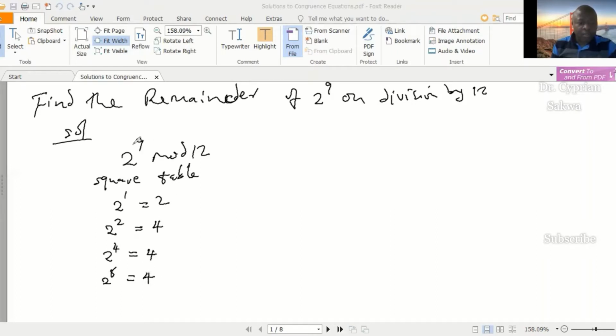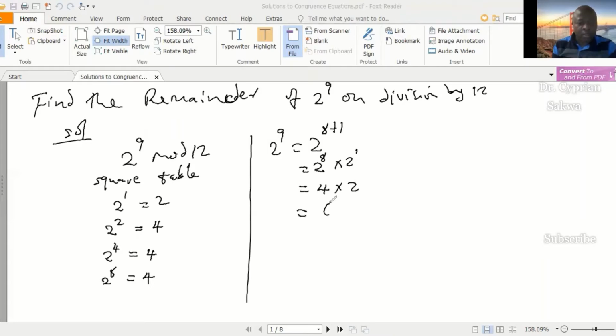I want 2 raised to 9, so I'm there. So that means 2 raised to 9 is just 2 raised to 8 plus 1, which is 2 raised to 8 times 2 raised to 1. But 2 raised to 8 is 4, and 2 raised to 1 is 2. So this is 6. So the remainder is 6.